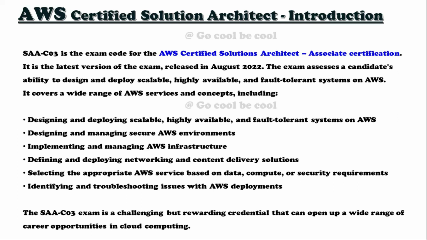It covers a wide range of AWS services and concepts, including designing and developing scalable, highly available, and fault tolerant systems on AWS, designing and managing secure AWS environments, implementing and managing AWS infrastructure, defining and developing networking and content delivery solutions, selecting the appropriate AWS service based on data, compute or security requirements, identifying and troubleshooting issues with AWS deployments.